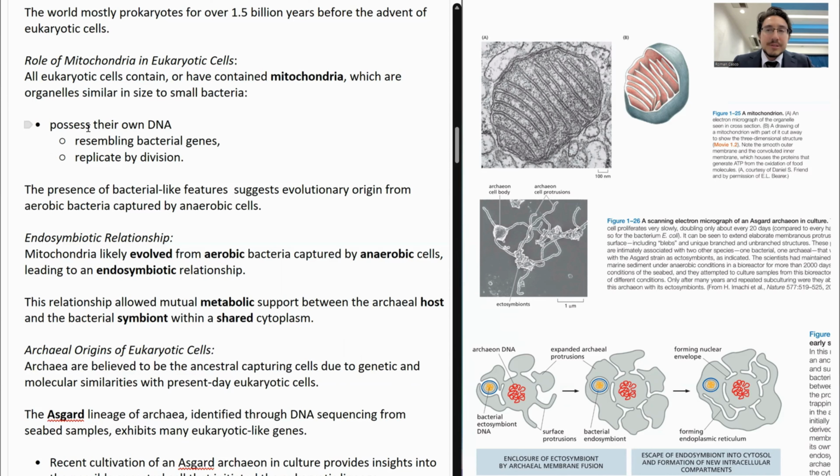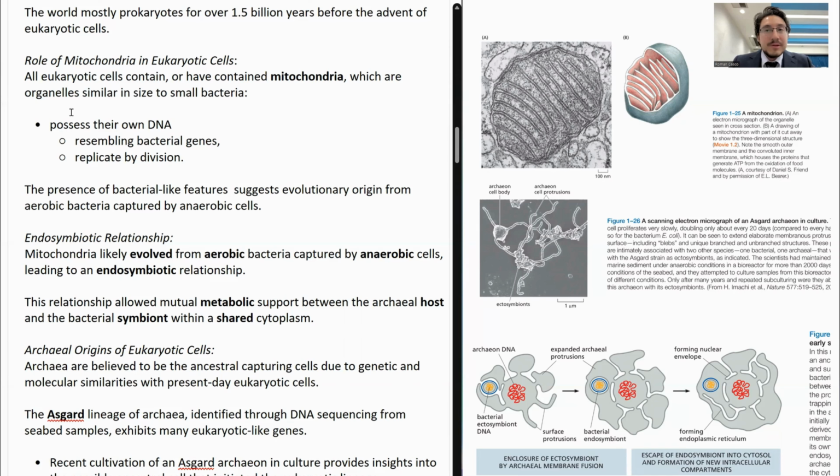mitochondria do resemble prokaryotic cells in some ways. They're very similar in size to bacteria. They possess, and this goes with chloroplasts by the way, that we're going to take a look at, their own DNA.